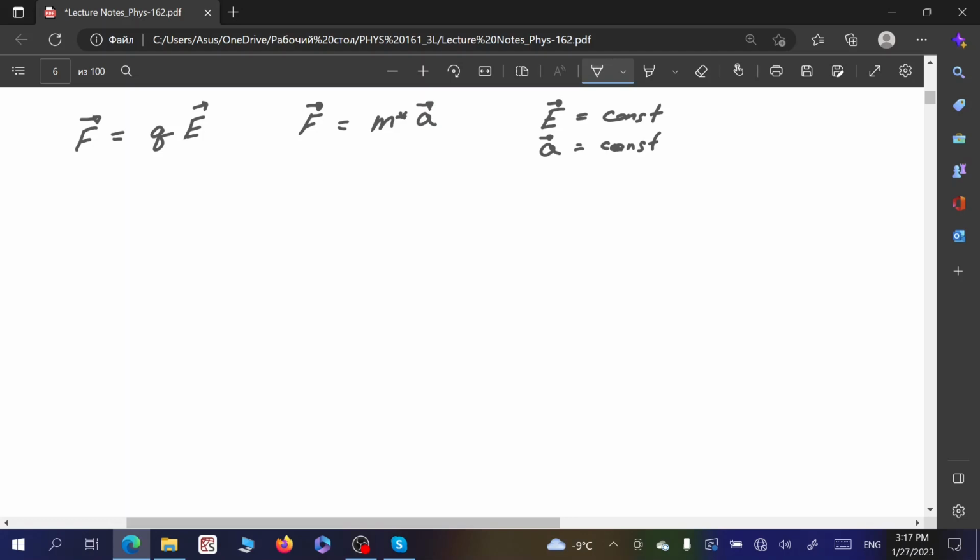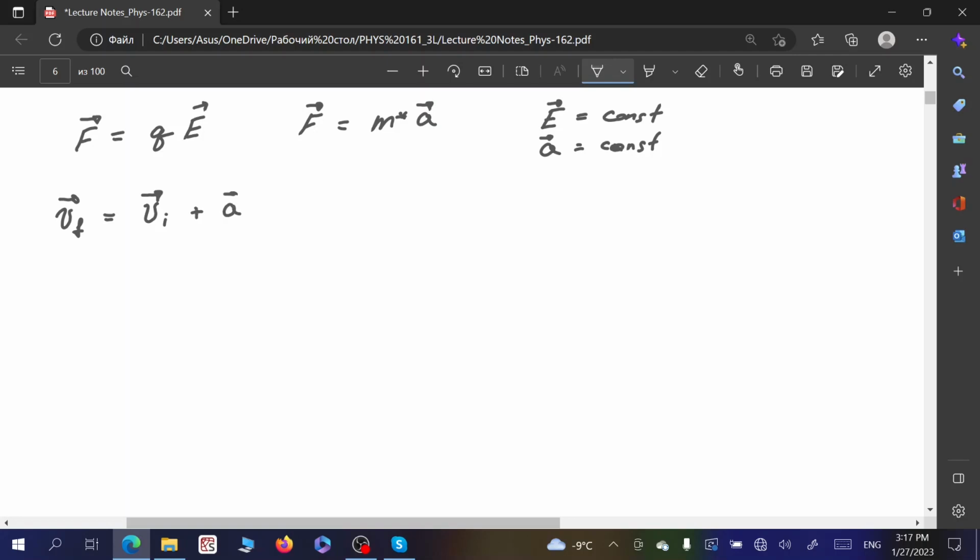So now recall what is the kinematic equation for final velocity in the case of uniform acceleration, like motion along a straight line with uniform acceleration. V final is equal to, yes, exactly.